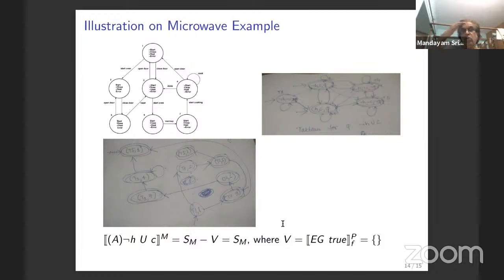Now, if you want to check if there is a violation for the negation of it, then you would consider T1. You ask T1.